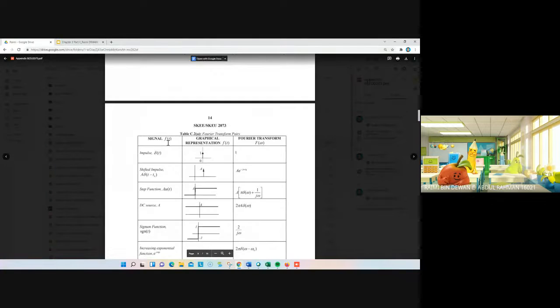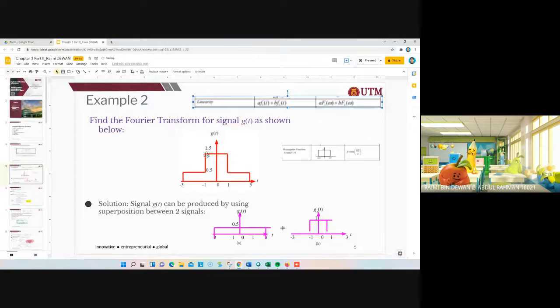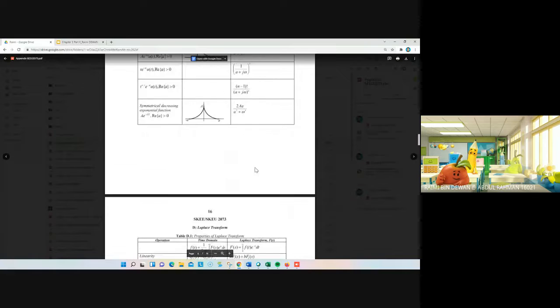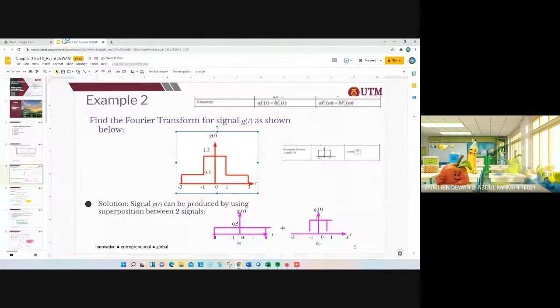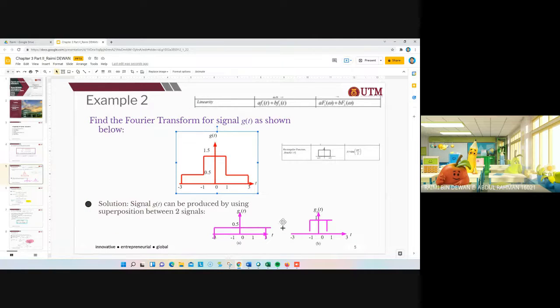And then from C.2A or C.2B, do you see any similar signal? You can see this is the signal given as g(t), and there is no such shape directly inside this table. But it actually consists of two rectangular waves combined.